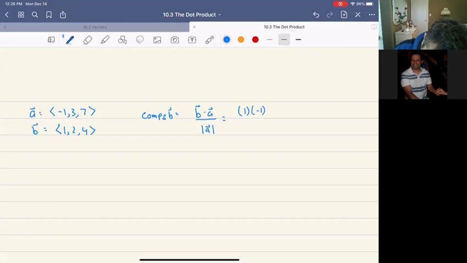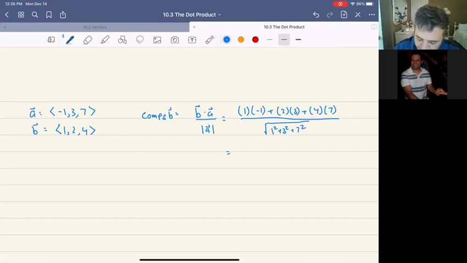So that's going to be 1 times -1 plus 2 times 3 plus 4 times 7, divided by the magnitude of A, which is the square root of 1 squared plus 3 squared plus 7 squared.